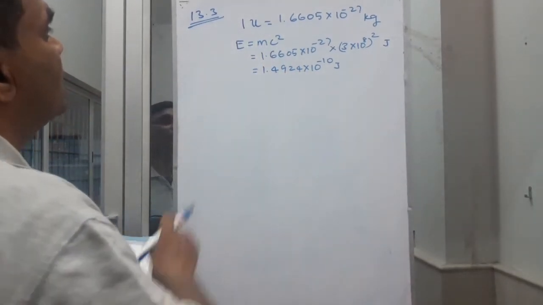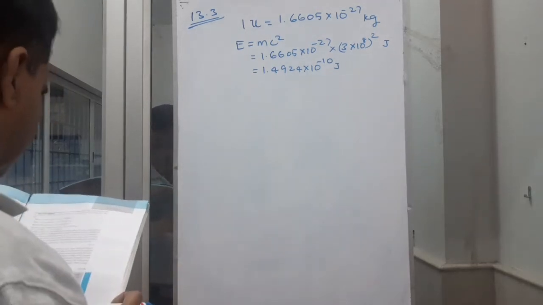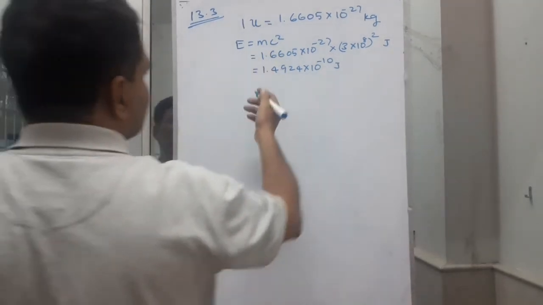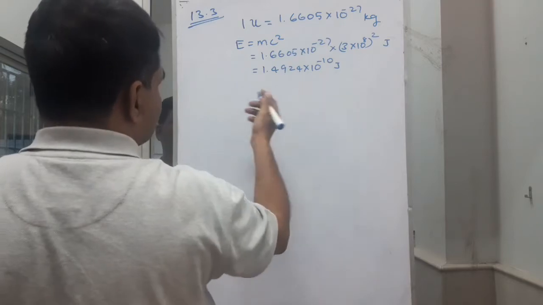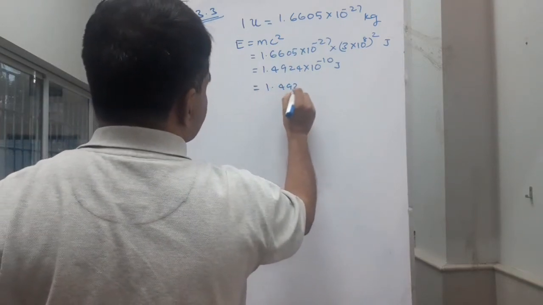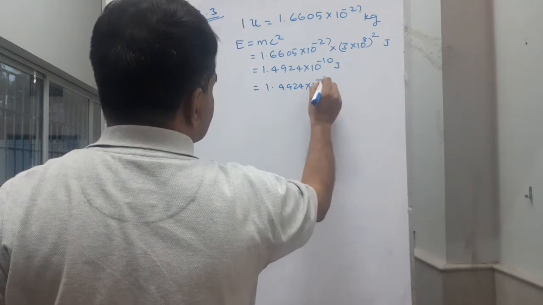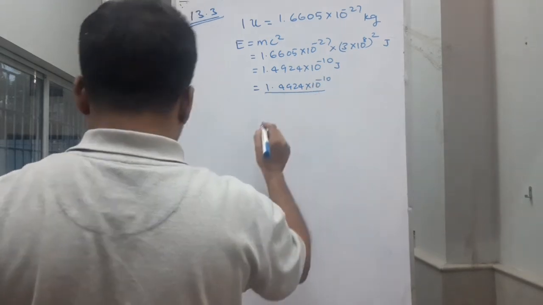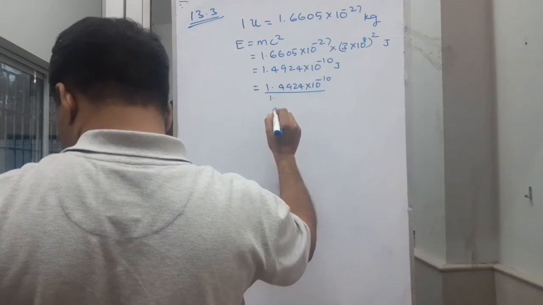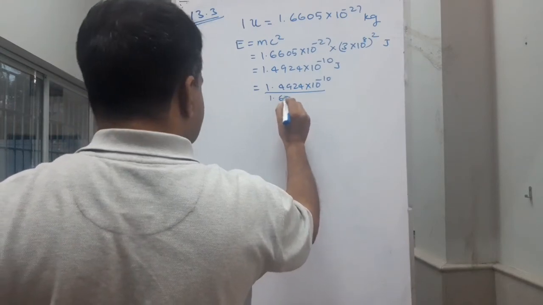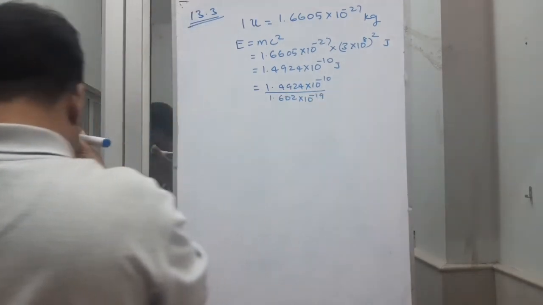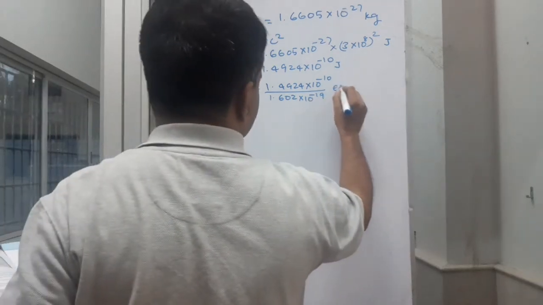This is in joules. But what is the same in mega electron volts? Well, if I have to express it in electron volt, then this is going to be 1.4924 into 10 power minus 10, divided by 1.602 into 10 power minus 19, and this would be in electron volt.